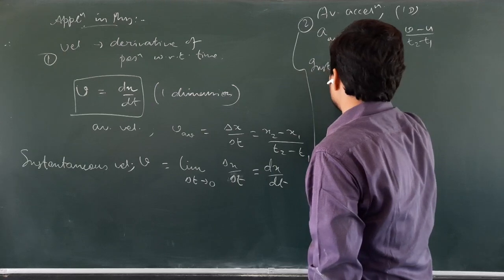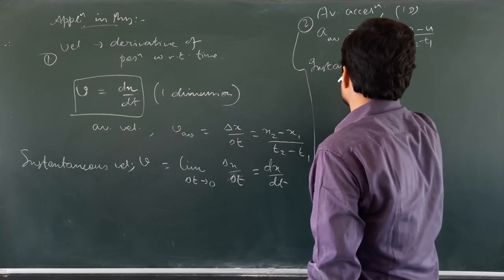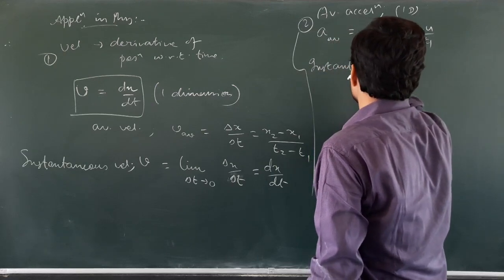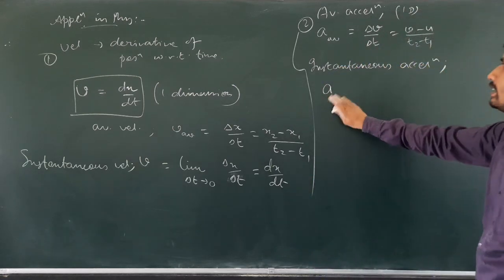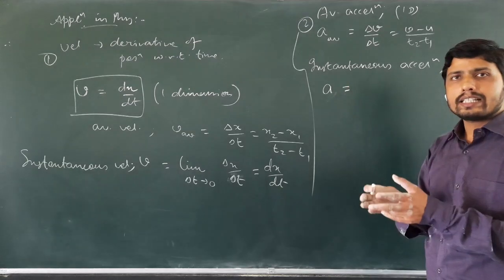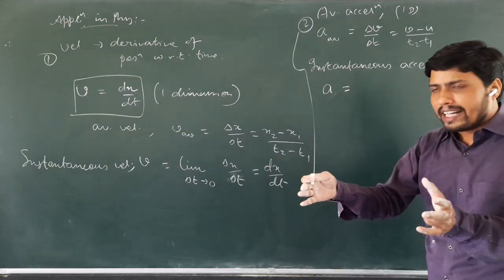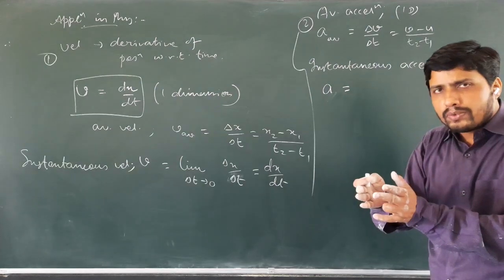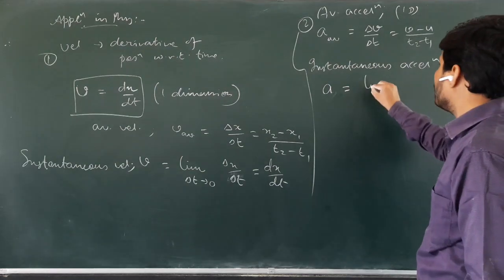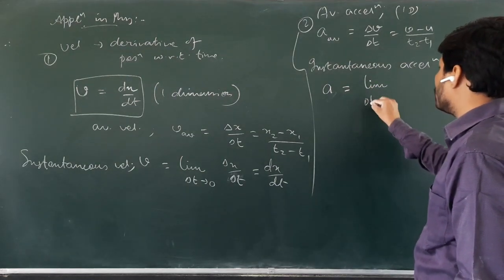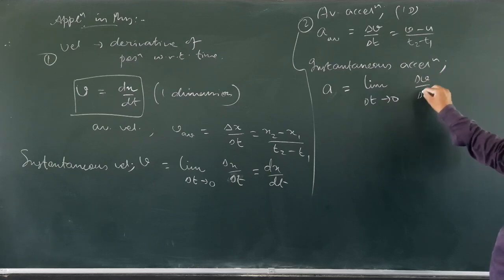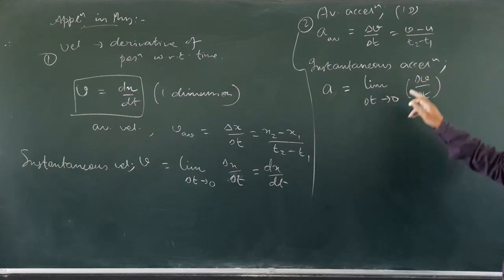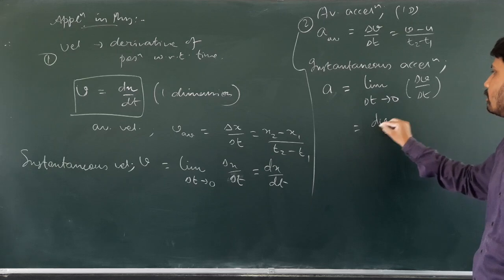Instantaneous acceleration, if you want to find, we will denote by a, and that is the acceleration at a particular instant. So the interval of time has to be very small. How small? So that we can assume it to be 0. So limit delta t tends to 0 of delta v by delta t. As we have done earlier, this becomes nothing but dv by dt.